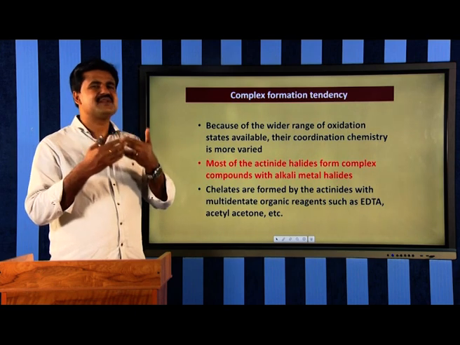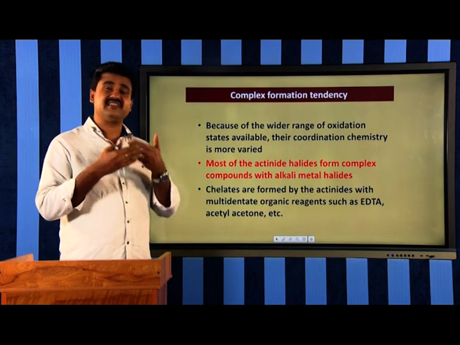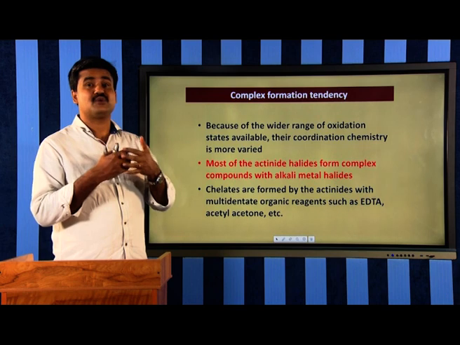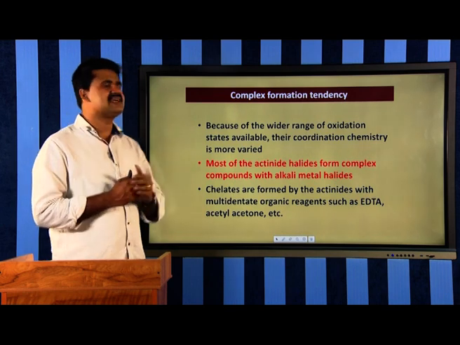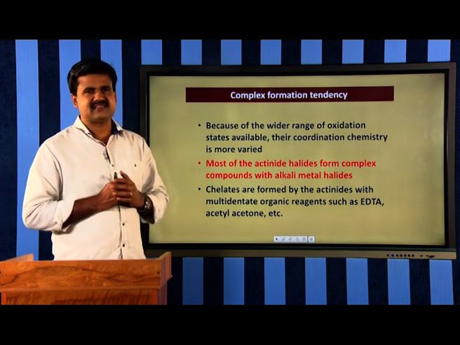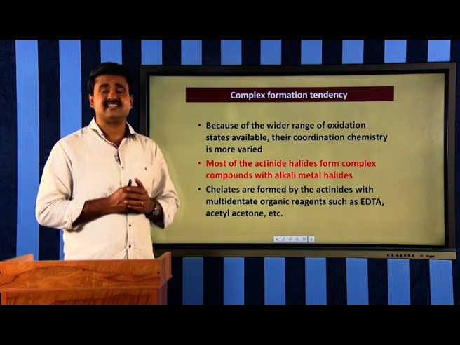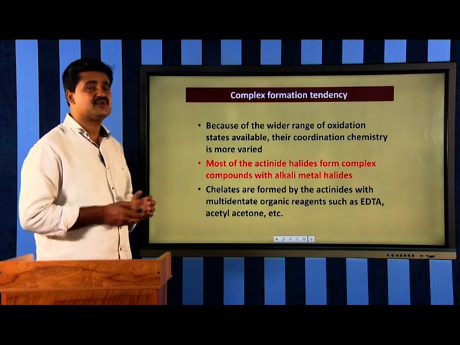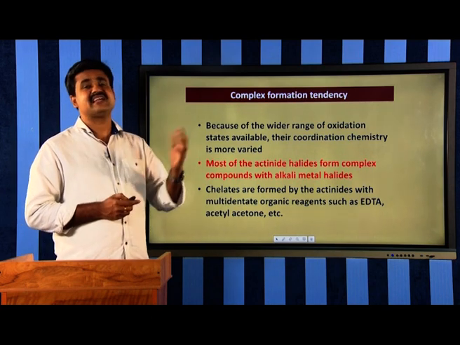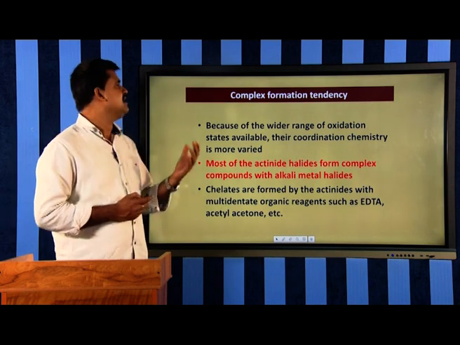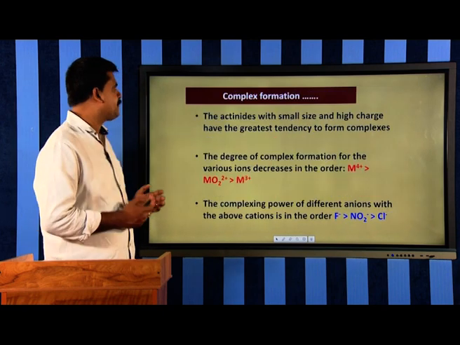That is, there is a possibility for the combination of actinide halide with alkali metal halide to get a coordination complex. Chelates are formed by actinides with multidentate ligands like ethylenediaminetetraacetic acid, that is EDTA, acetylacetone, etc. So there is a wide variety of coordination complexes in actinides.